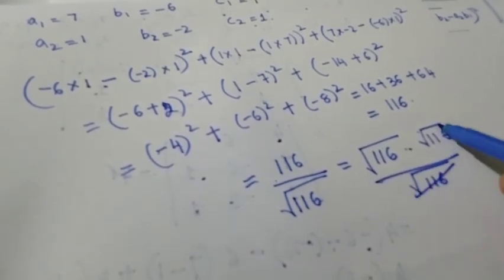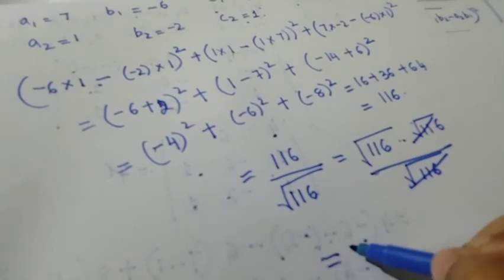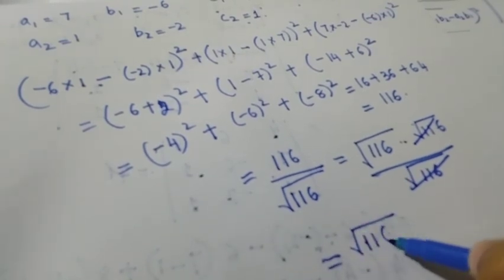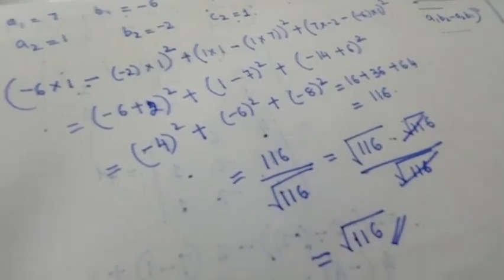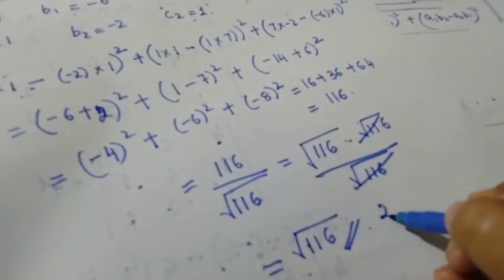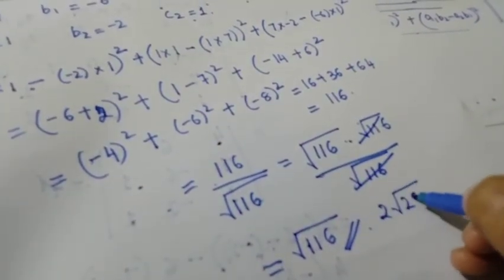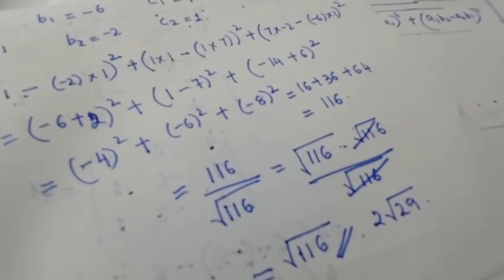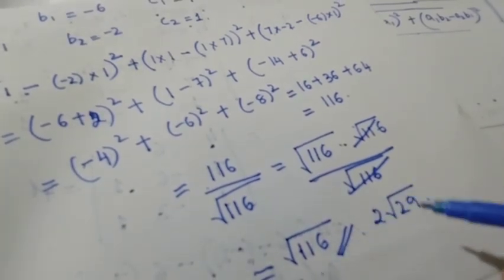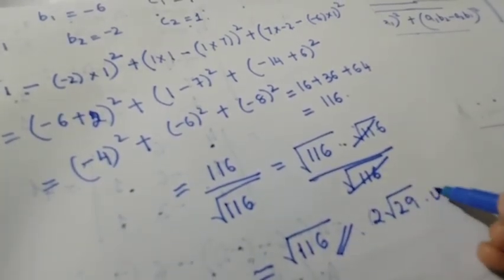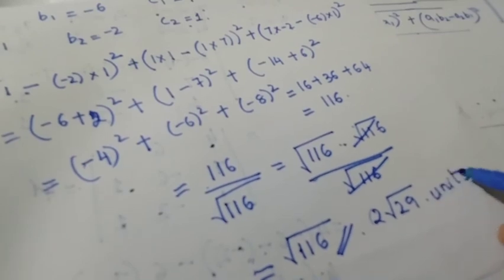So 116 gets cancelled, you will get root of 116 units. Or you can also write it as 2 root of 29, because 29 fours are 116. So you can write it as 2 root 29 units.